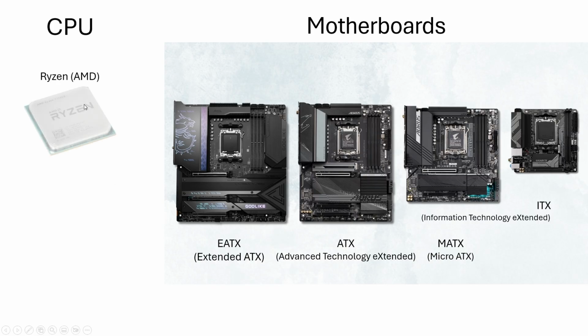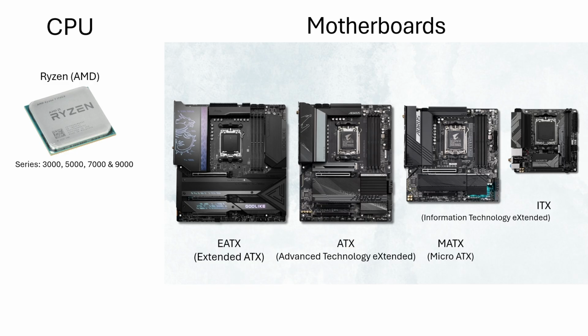You're going to see Ryzen, which are going to be these chips here. And Ryzen, they have a bunch of different series. So whenever you talk about Ryzen, which is made by AMD, AMD is one of your main CPU producers. They produce the Ryzen CPU.